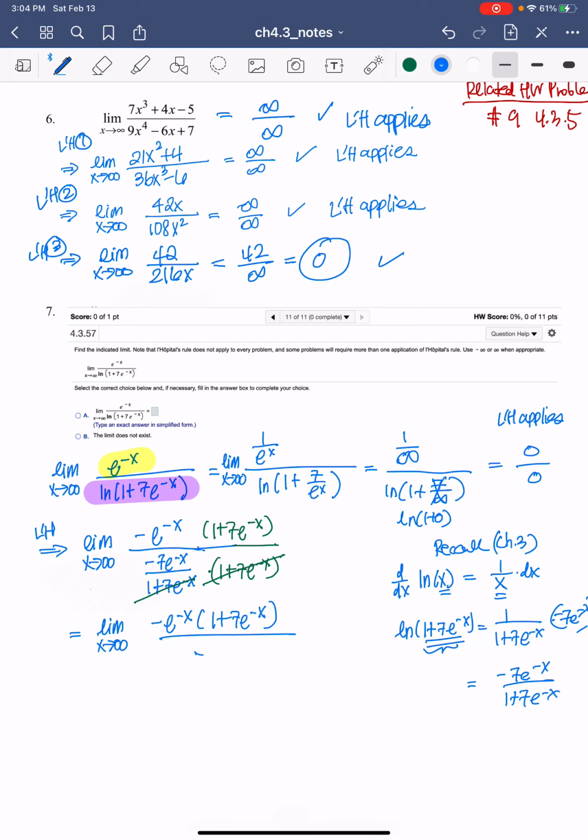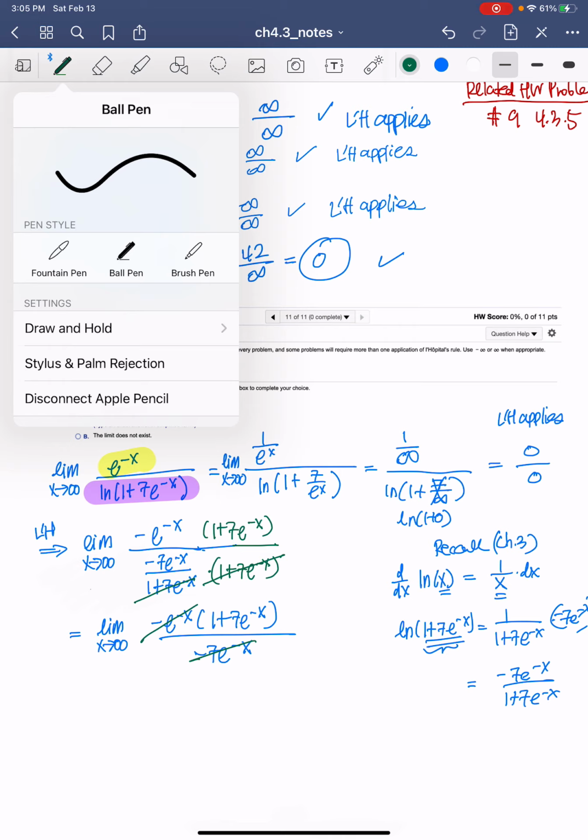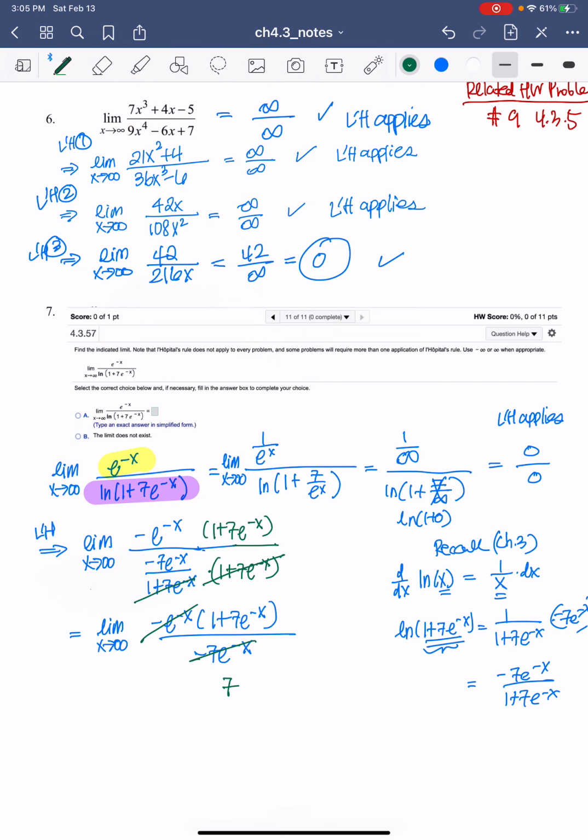On the bottom, you have negative 7e to the negative x. Doing a little more simplifying, this can cancel out with this, giving me 7. The e to the negative x cancels out, and the negatives cancel each other. On the top, I have 1 plus 7e to the negative x.